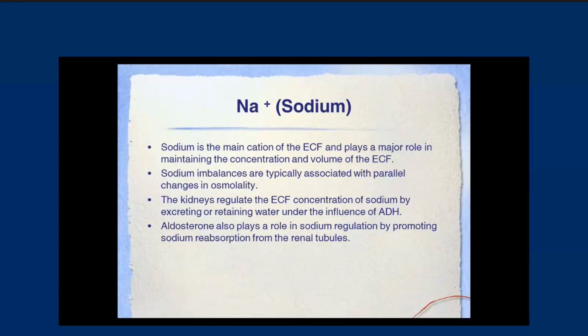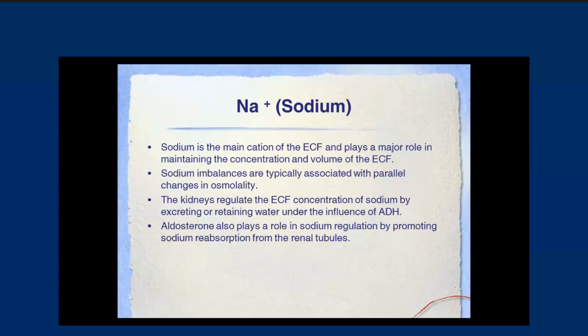So when there is an increment in osmolality of the body, that will make the pituitary gland release the ADH, which subsequently acts on the renal tubules, with retention of water and reduction of the osmolality. Or vice versa, in the case of a decrement in osmolality, there will be decreased secretion of ADH.